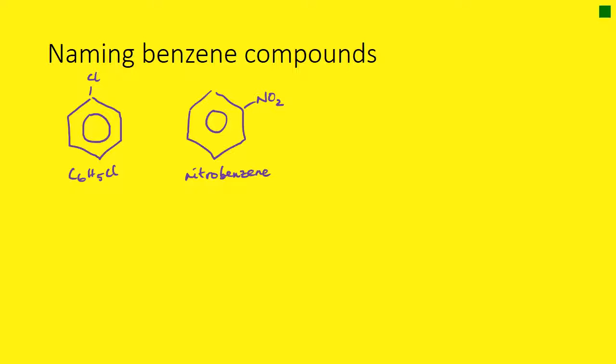Okay, and let's do one more. Let's do methylbenzene. So again, we'll have a benzene ring, and this time a methyl group, which we know is CH3. So that would be methylbenzene. And because there's one methyl group there, we don't have to number it because all the carbons are the same.